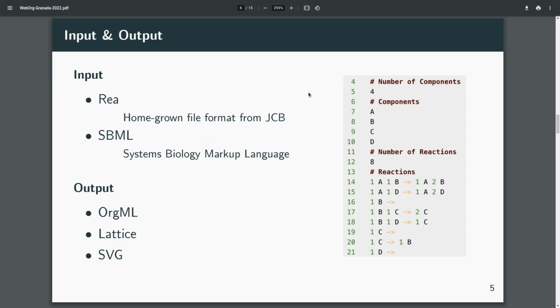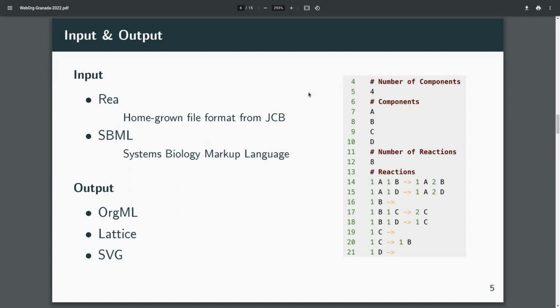It's a really simple network, and you can see at least in REA file format how it looks. That brings me directly to the inputs and outputs of Weborg currently, and it can read or write directly in the application itself, REA and SBML.